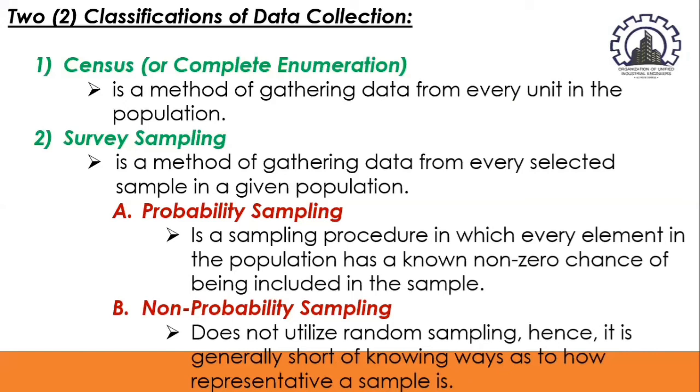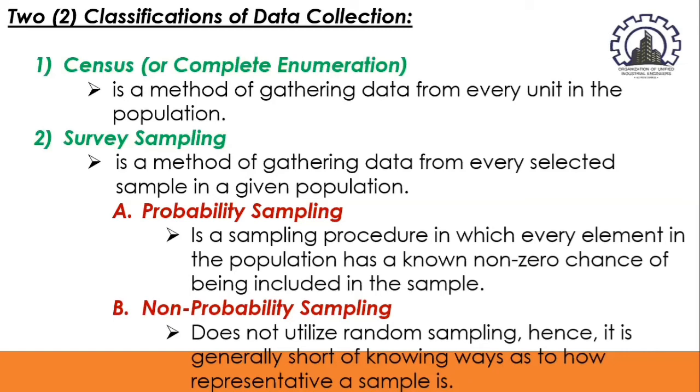However, this is not always feasible because at times the population is unknown, and therefore the population frame is not always available. Besides, conducting a census entails a large amount of money, time, as well as effort.